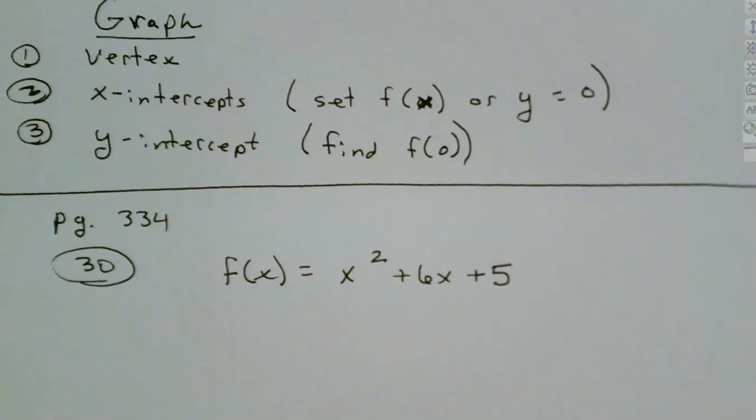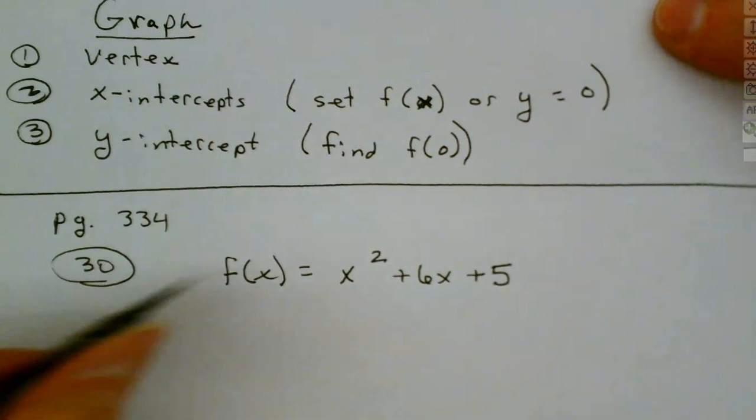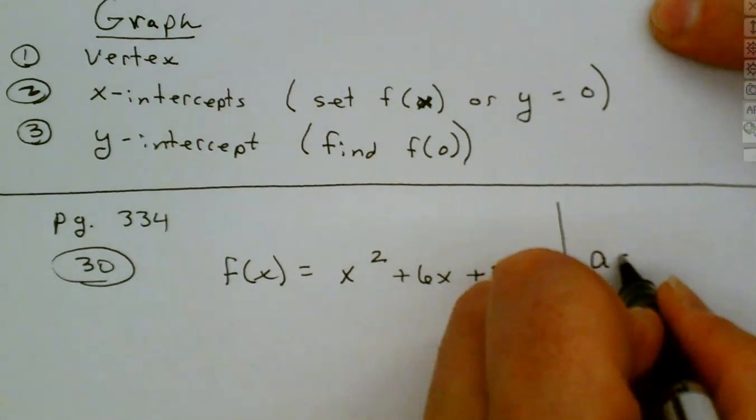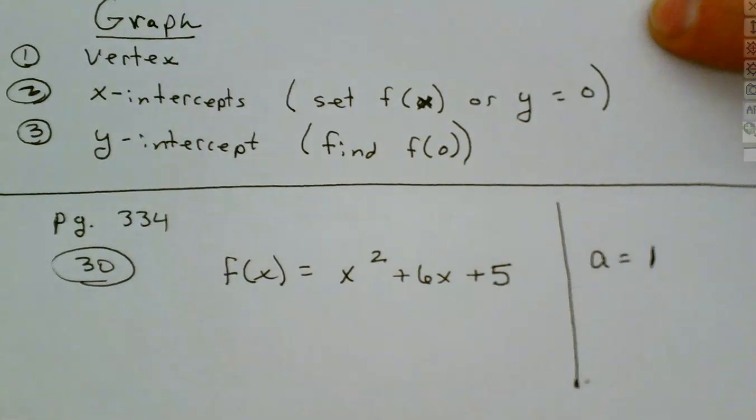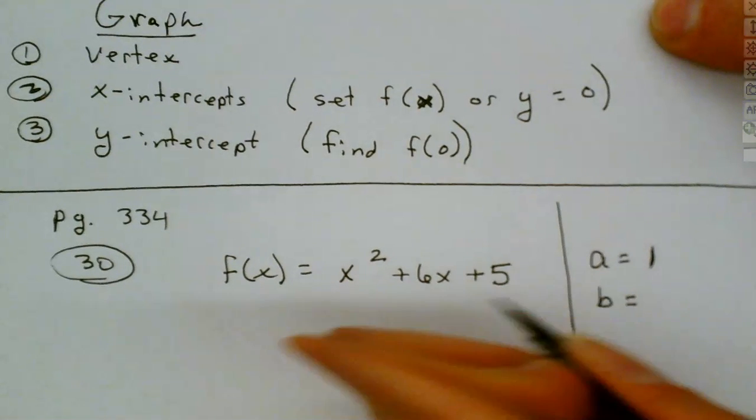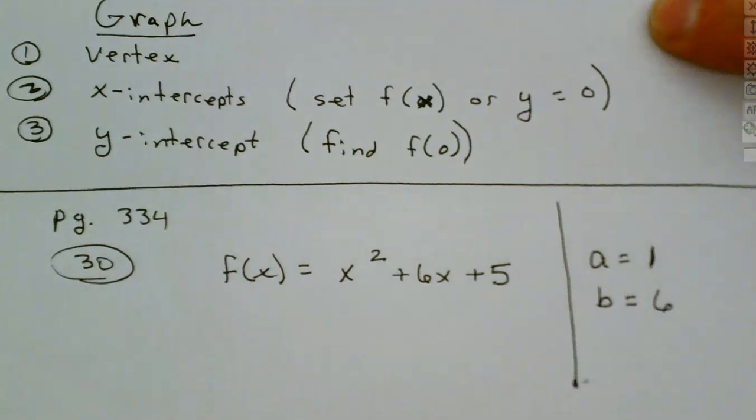And then you're also going to have to find the y-intercept by plugging in 0. So let's start off with our vertex. Okay, so there's 3 parts we have to get. Let's get our vertex here. A is 1. B is positive 6. And C is going to be what? 5.